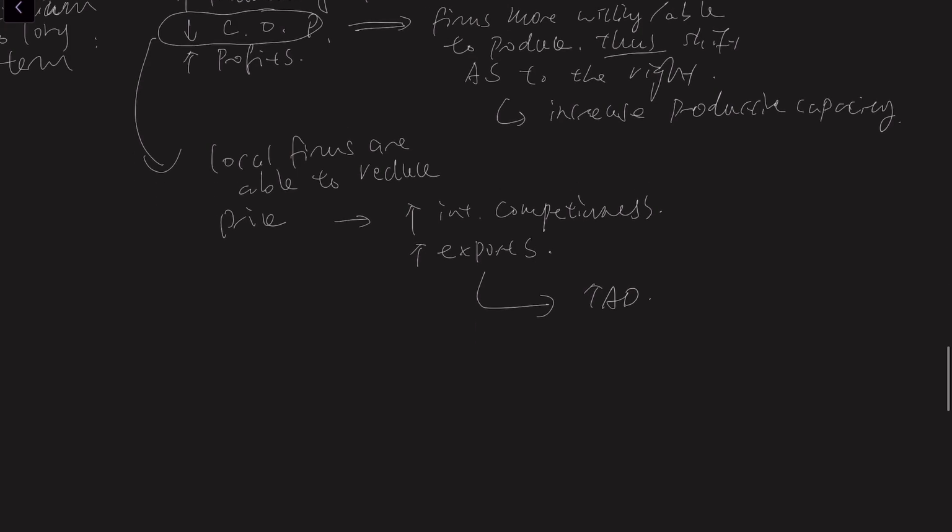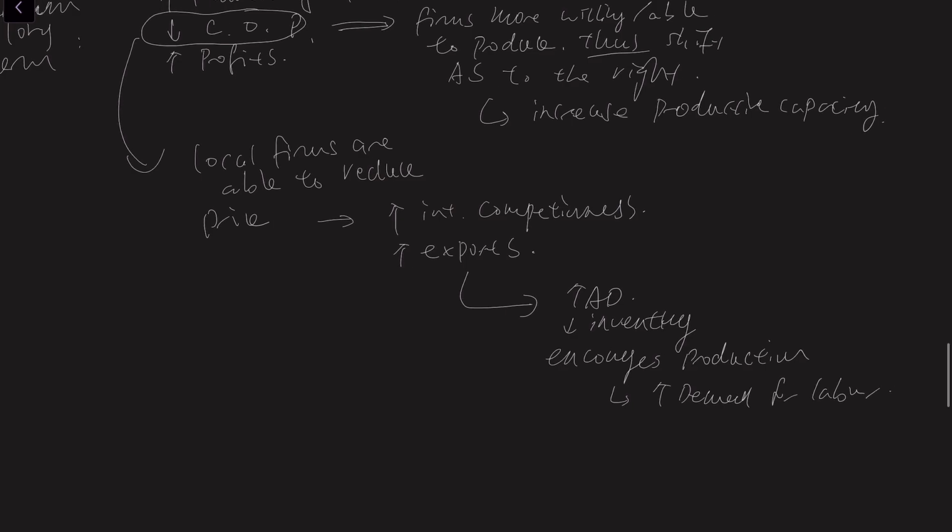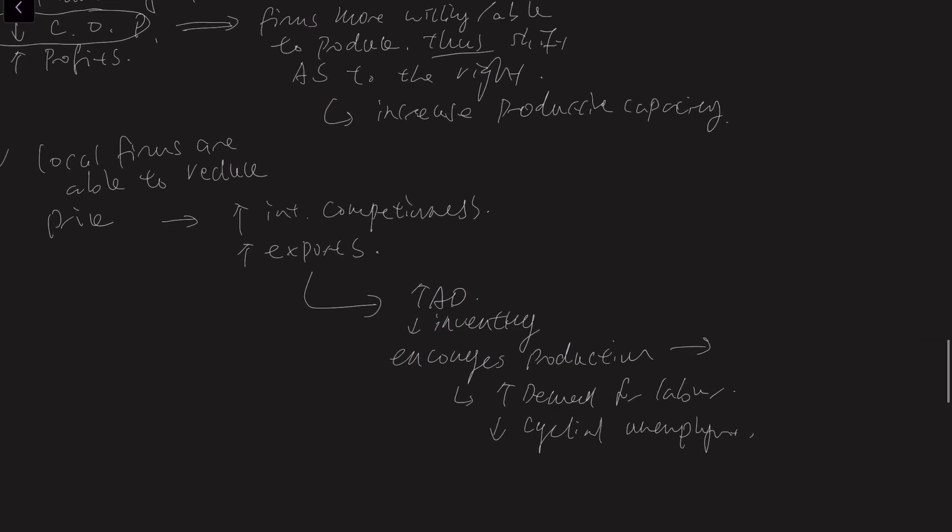And higher aggregate demand decreases, so it's already very familiar now, decreases inventory, which encourages production. And this would cause an increase in demand for labor. Higher demand for labor means lower cyclical unemployment. And also more production means higher GDP growth.